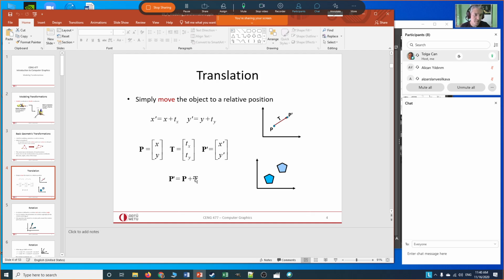We started solving it and basically said that a 2 by 2 matrix is not enough. We cannot do that with a 2 by 2 matrix.